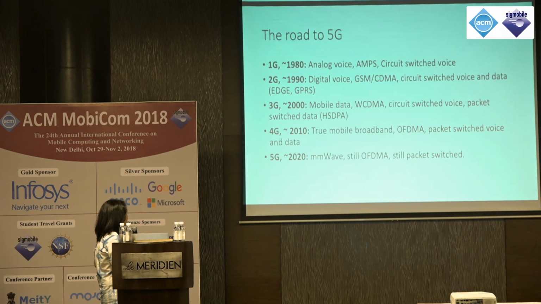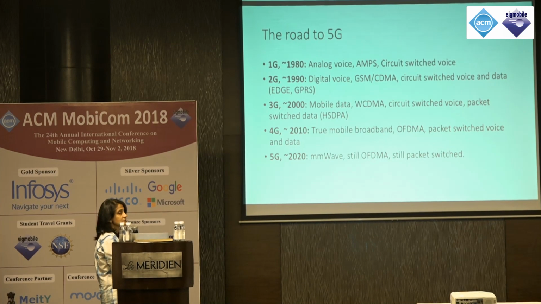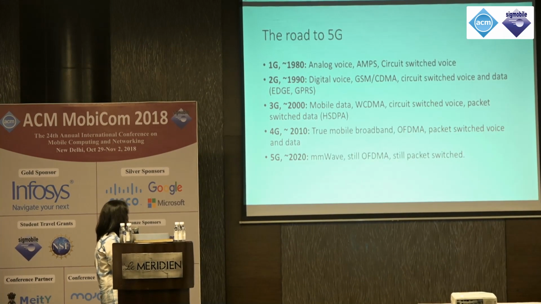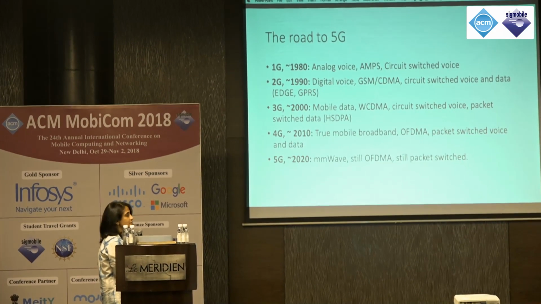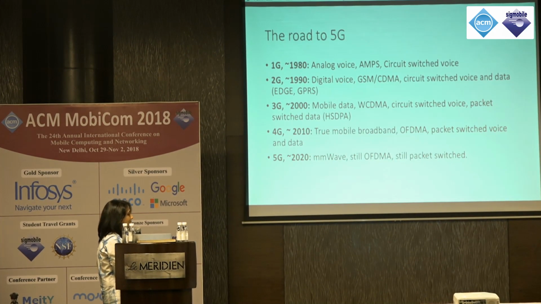And that led into 4G, which really was the first true mobile broadband system using OFDMA, and now you had packet switched voice and data. And now we are looking at 5G, which is supposed to roll out soon. And the really new thing that's happening there is millimeter wave. So people look at Gs in different ways.